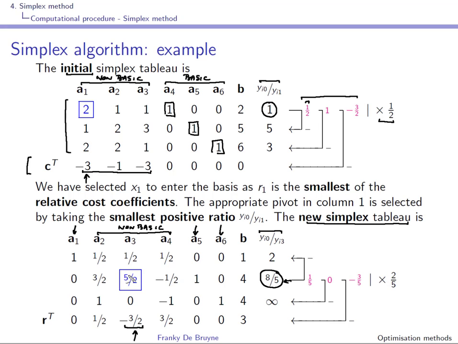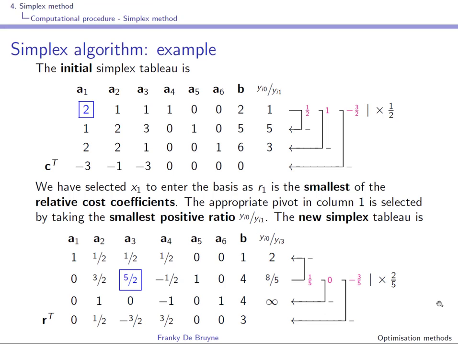So again, we can create zeros above the pivot and zeros below the pivot. Here it's easy, we already have a 0, so we have to do these elementary operations, right? And then we have to multiply the second row by the inverse of the pivot, so that's 2 over 5.